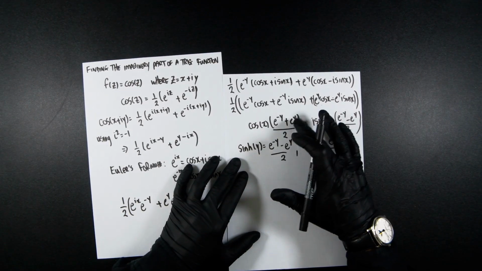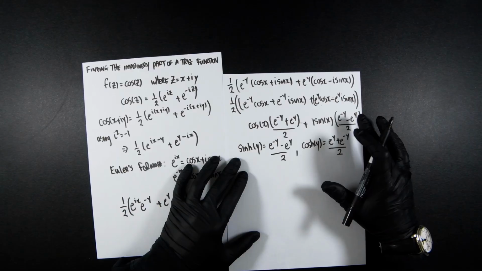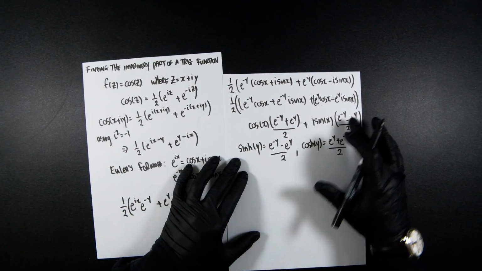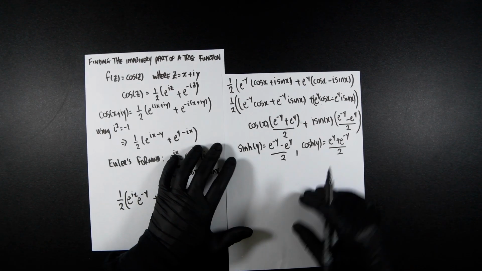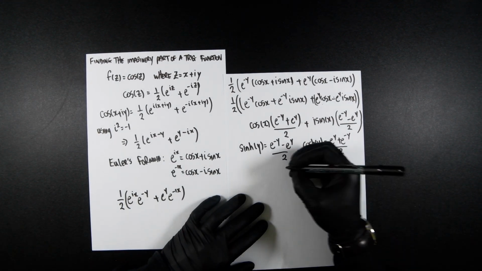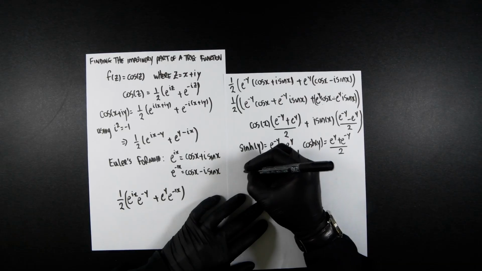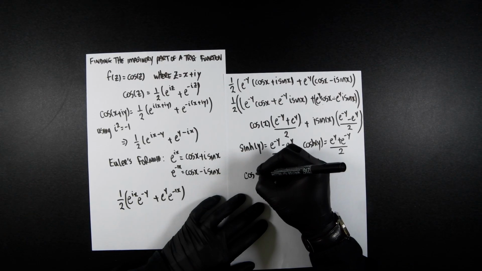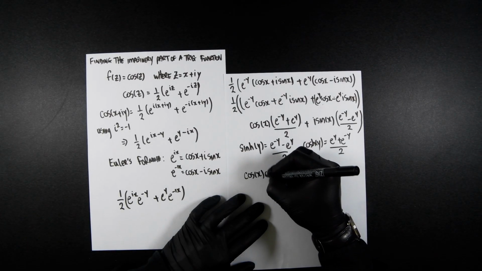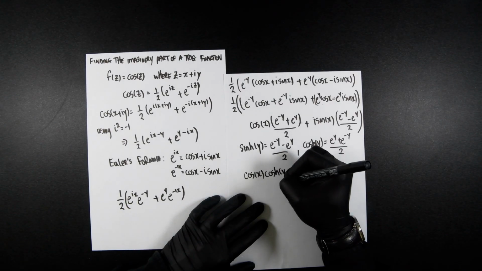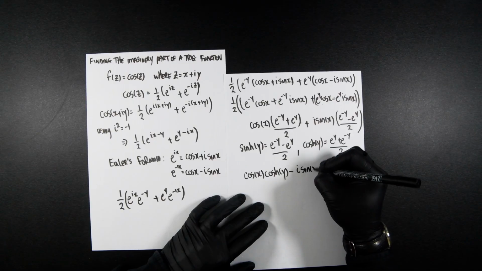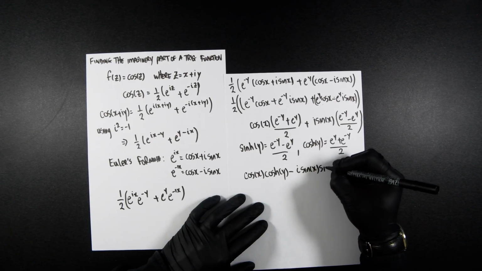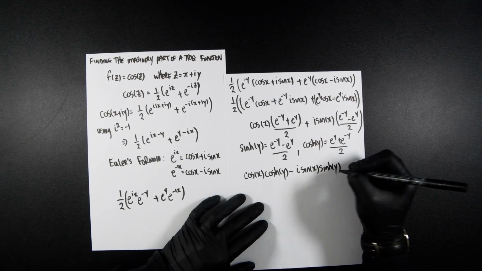Coincidentally, that looks a bit like that, and that looks a bit like that. So let's now substitute it in. So now we're going to get cos x cosh y minus i sin x sinh y.